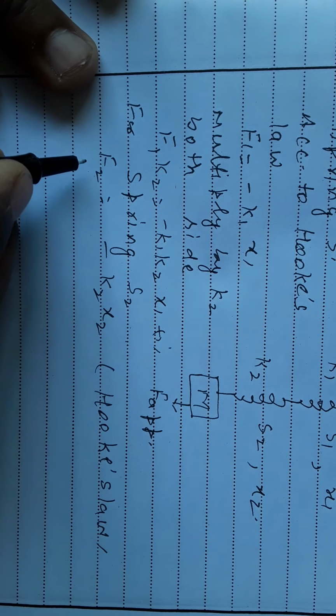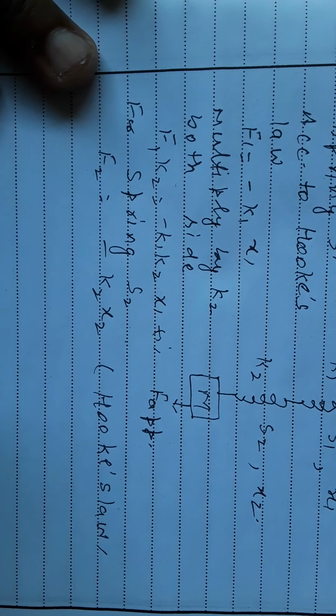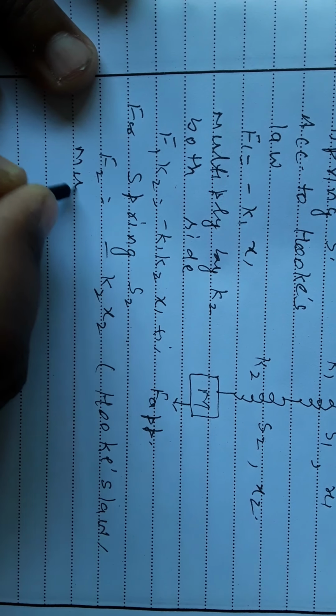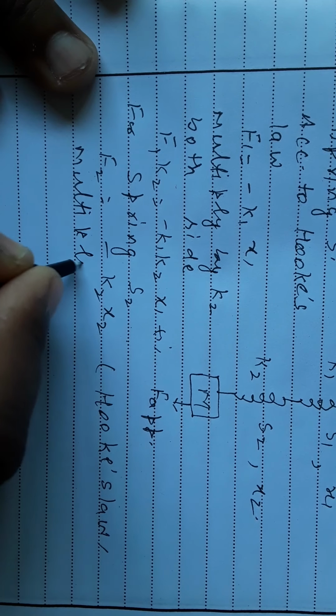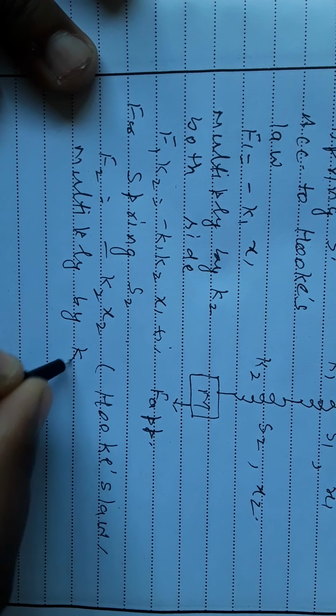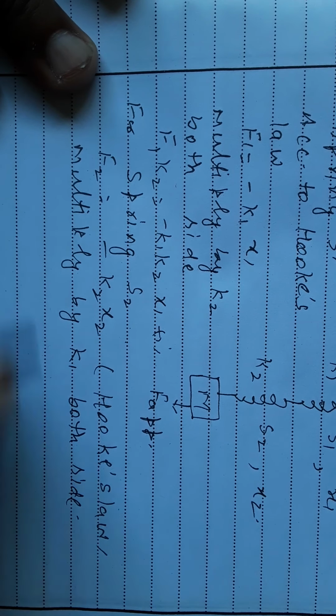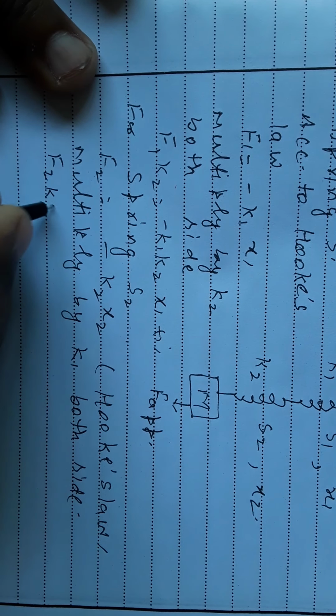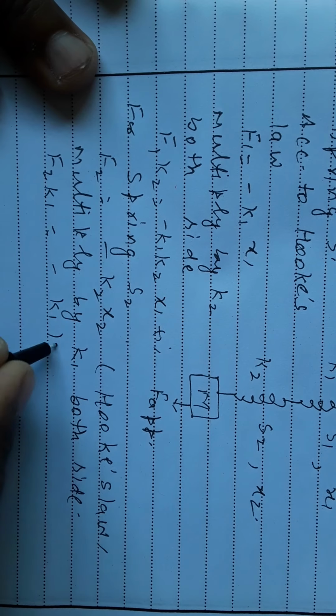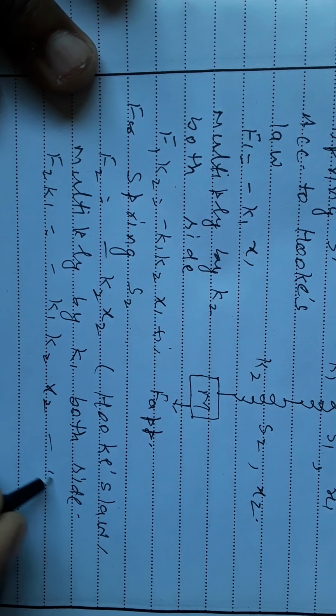Here F2 is restoring force in the spring S2. Multiply by K1 both sides. F2 K1 = -K1 K2 x2, equation number second.